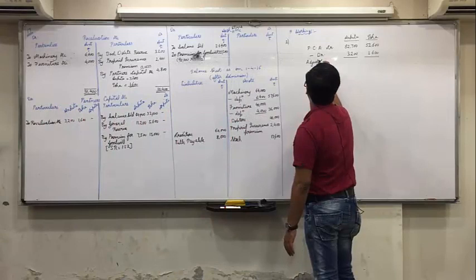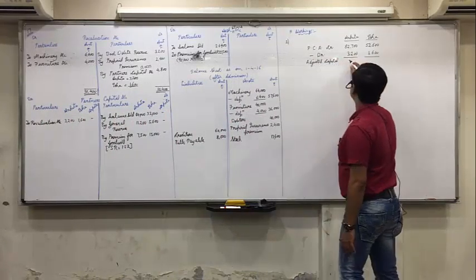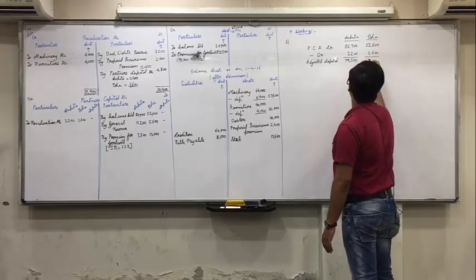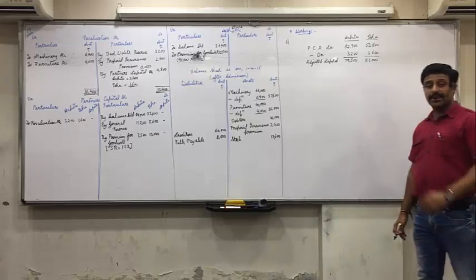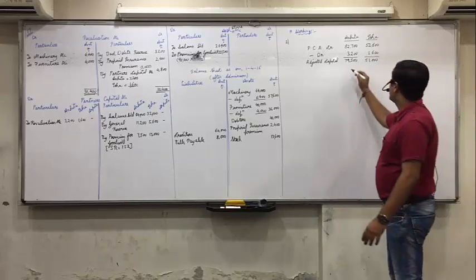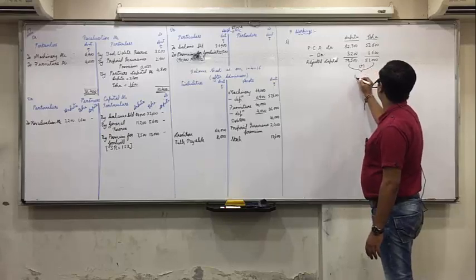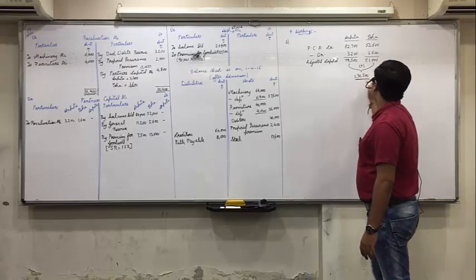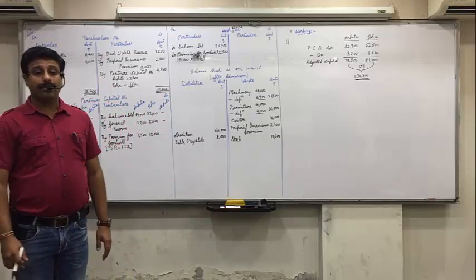We call it adjusted capital because it is after all the adjustments: 79,500 and 51,000. This is the adjusted capital. One lakh 30,500 is the total capital of Ankita and Isha. Got it, everyone?